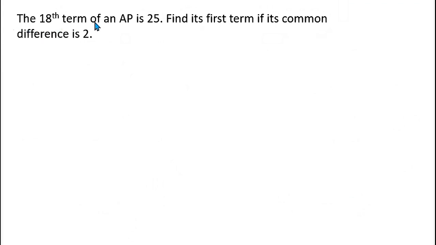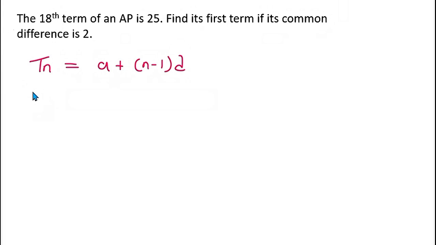Now let's take a look at another question. The 18th term of an AP is 25. Find its first term if its common difference is 2. Recall that the nth term of an AP is given to be A plus (n minus 1) times the common difference.